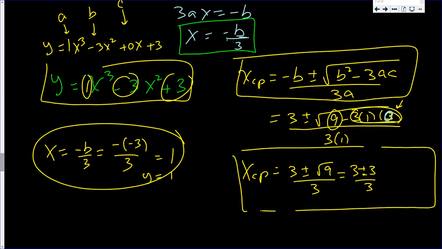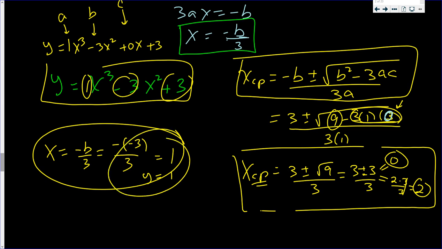If you subtract, you get 0. And if you add, you get 2 times 3 over 3, which is 2. We got the same two critical points as before, and the same point of inflection as before.